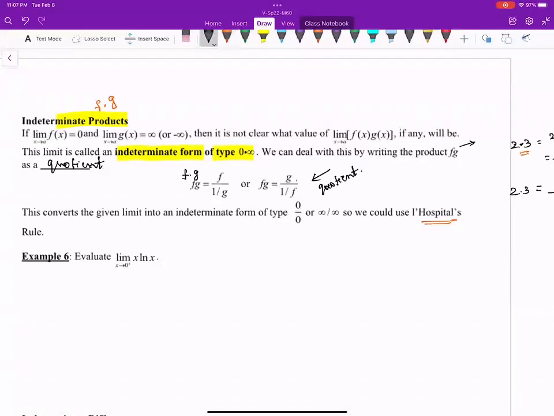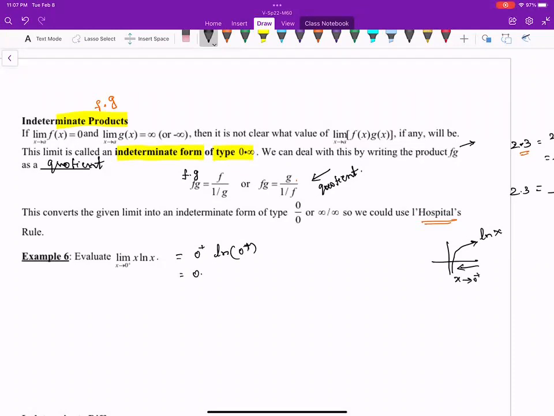So directly, if you apply plug and play, it is 0 plus for x and ln of 0 plus. So it is 0 times ln of 0 plus. What it means is, what happens to the value of the graph ln x as you approach x to 0 from the right side of 0.